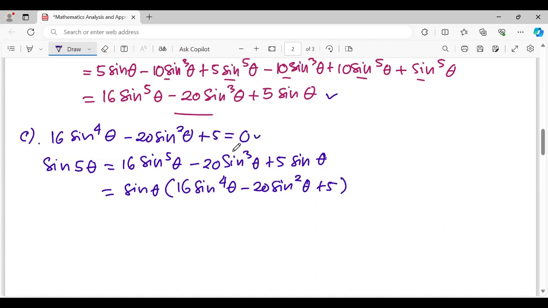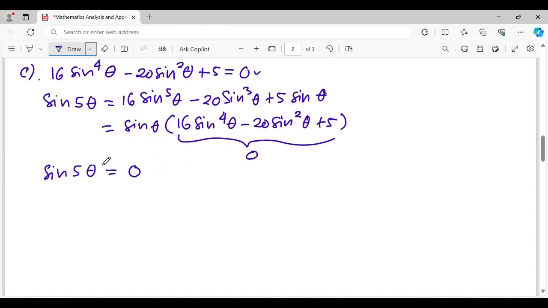Based on this information, this bracket is 0, so sine 5 theta equals 0 because 0 times sine theta. Now sine pi equals 0, and sine 3 pi as well equals 0.